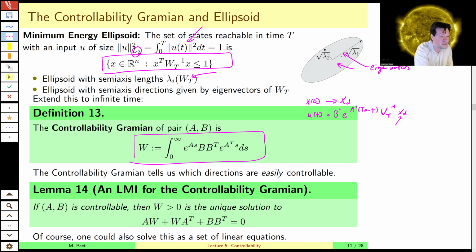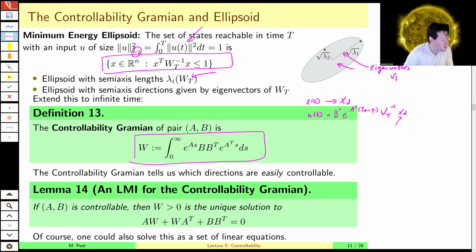And then that's the direction, and then the length of that direction, the distance we go to get to the controllability ellipsoid, is the square root of the corresponding eigenvalue. So we can call this v1, for example, and I guess that's v2.